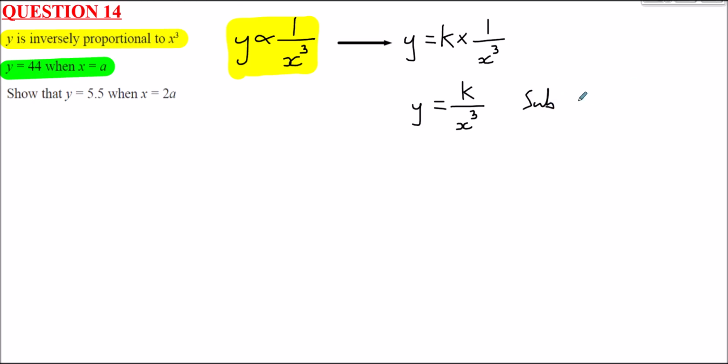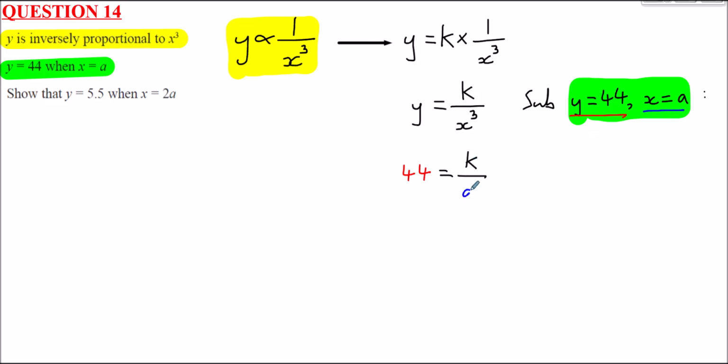So let's sub y is 44 when x is equal to a, and see what happens when we do that. So 44 equals k over x cubed. But if x is equal to a, that means a cubed.